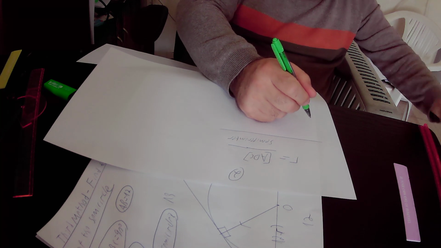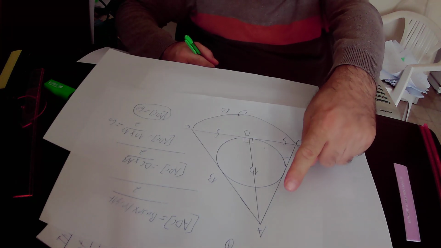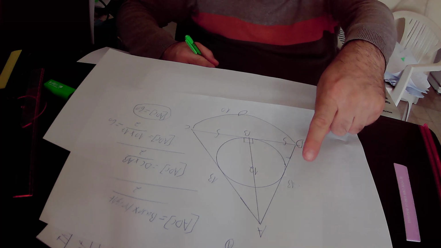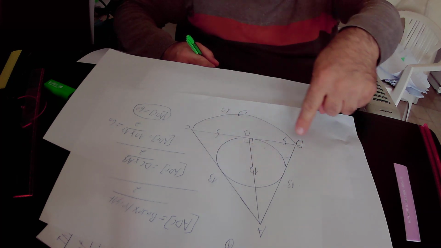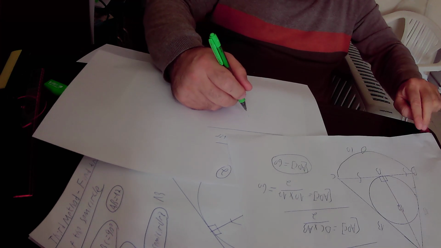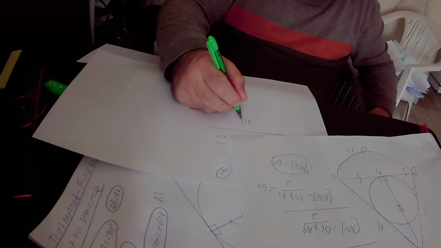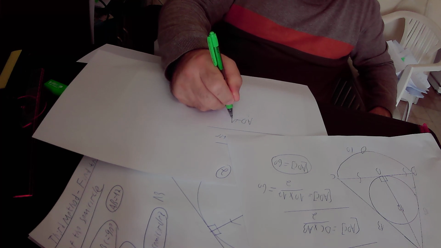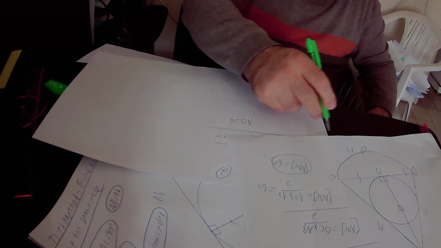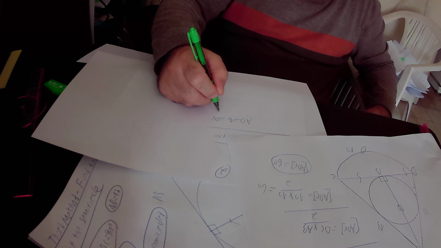So the perimeter of triangle ADC equals AD plus AC plus DC. Again, the perimeter of triangle ADC equals AD plus AC plus DC, and the perimeter over 2 equals the semi-perimeter.